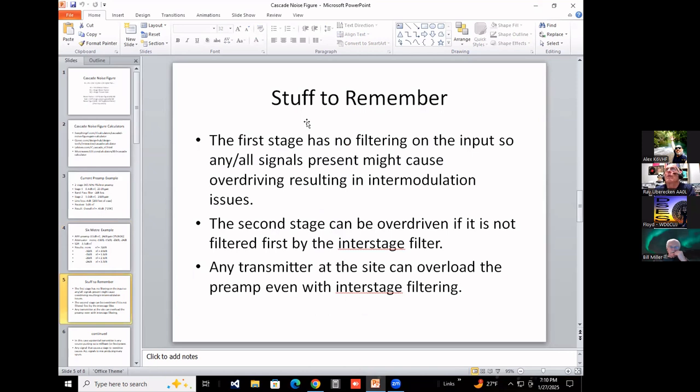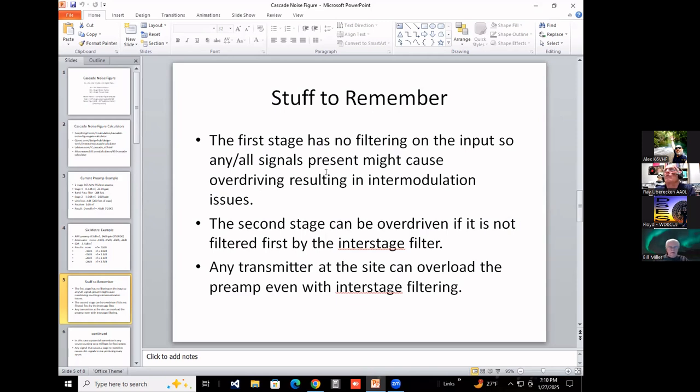Okay, stuff to remember. The first stage has no filtering on the input, so any and all signals present might cause overdriving, resulting in intermodulation issues. That's something we faced down at Haswell. Particularly this last time, we were looking at a lot of aircraft flying over, and when they transmitted, I'd never seen them before, but they were down there the other day when we were trying to do pulsars.